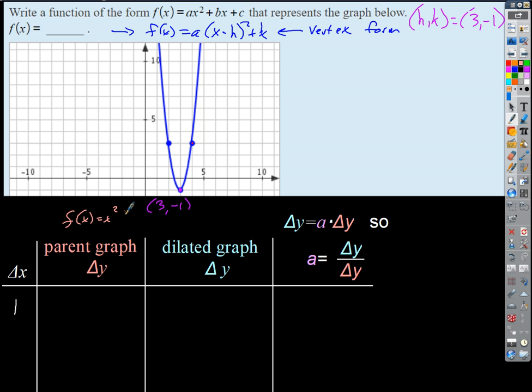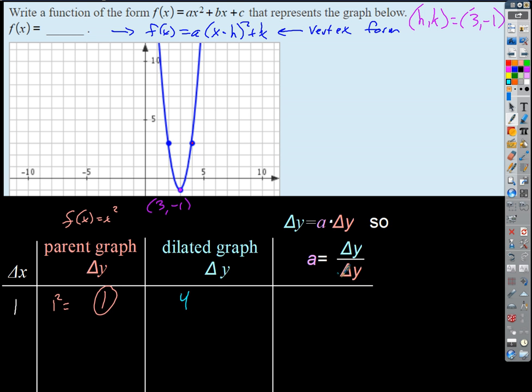So we would go over 1 and up 1 squared, which equals 1. Well, what's our dilated graph? We're going over 1 and up how much? For a horizontal distance of 1, we're going a vertical distance of 4. So we ought to be able to find A then, right?